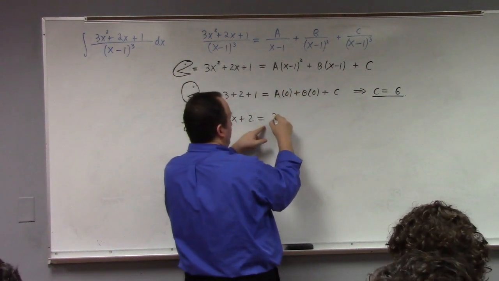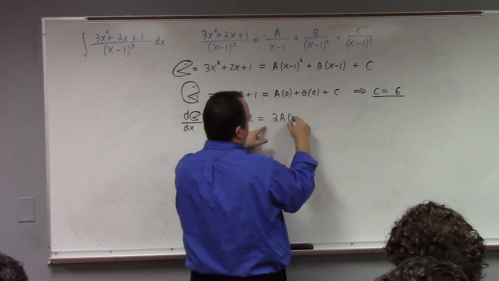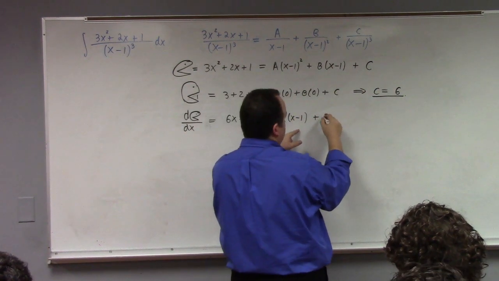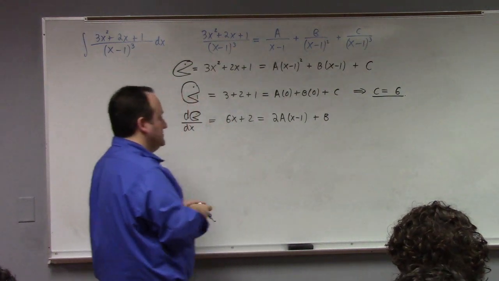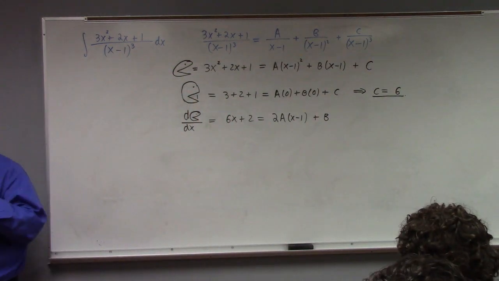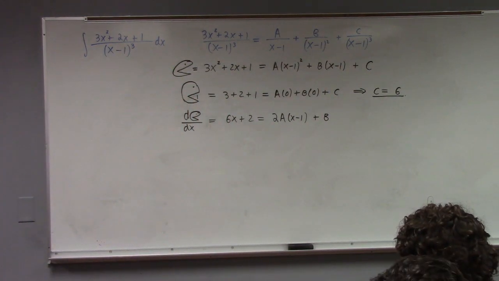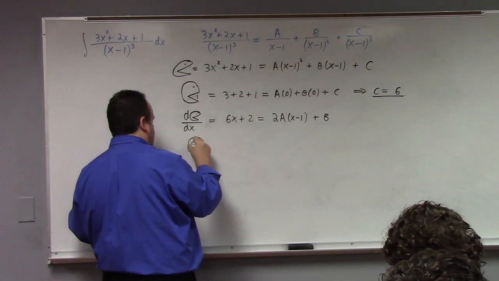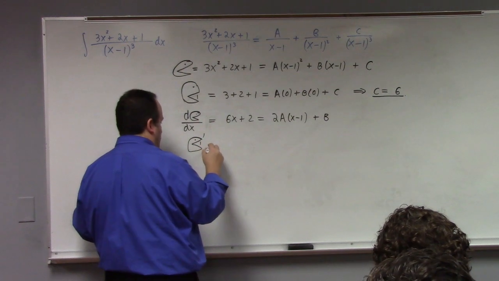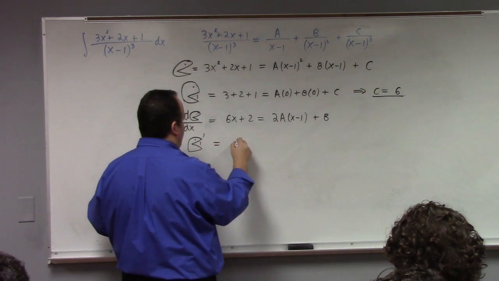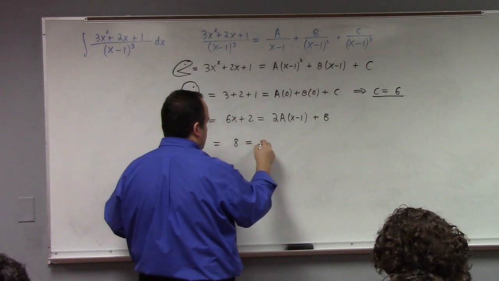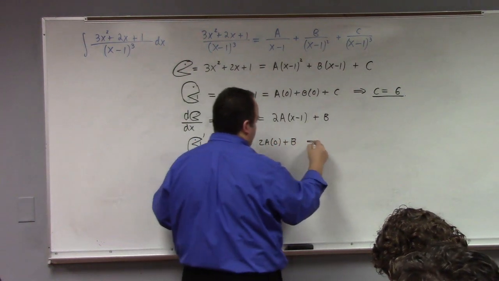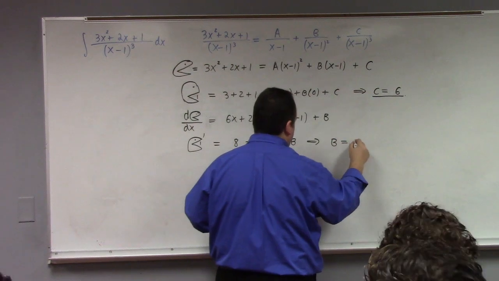It's twice x minus 1. The derivative of this is just B. C differentiates, it's gone. That's really nice. We already knew C, but it's gone now anyway. Now feed it 1: Pac-Man prime of 1 equals 8, equal to 2A times 0 plus B. So therefore B equals 8.